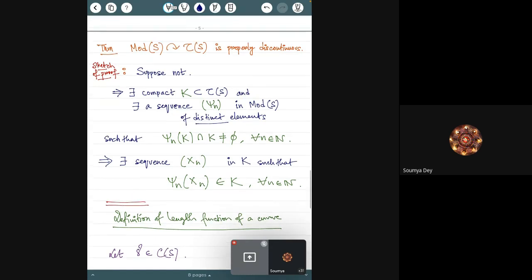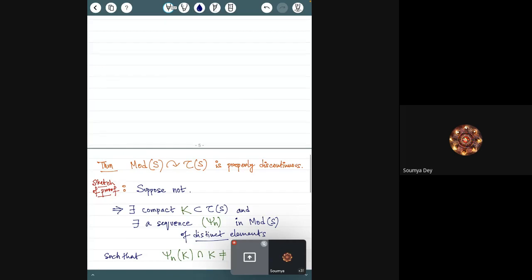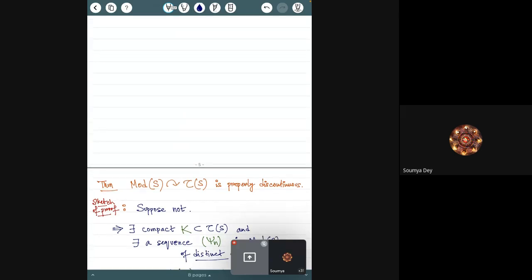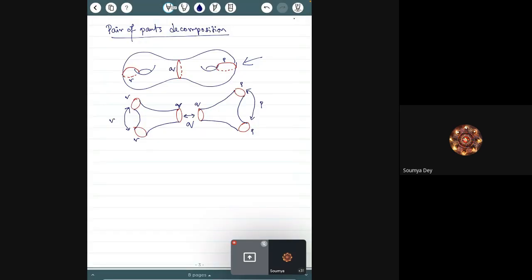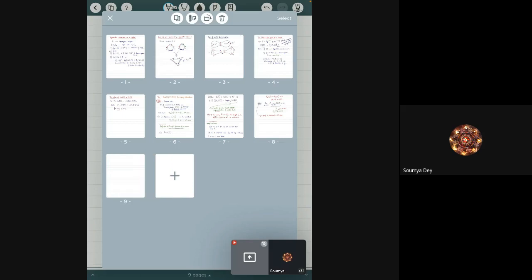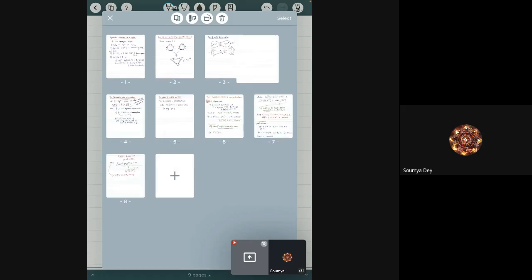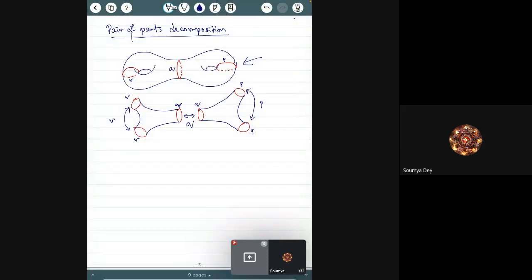So before going into the theorem, where I aim to give a sketch of proof, let me talk about this Fenchel-Nielsen coordinate. So I'll briefly talk about it.